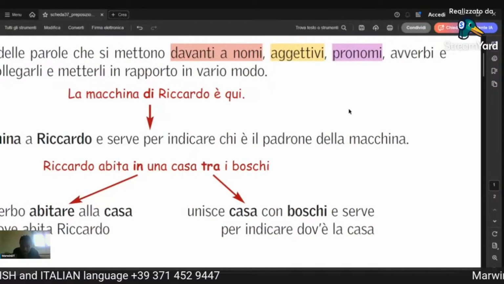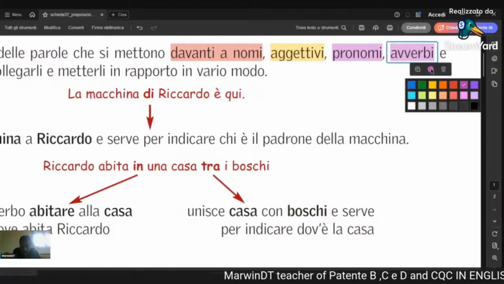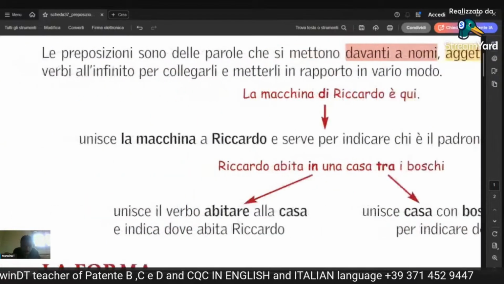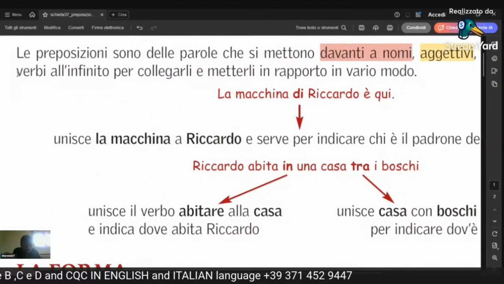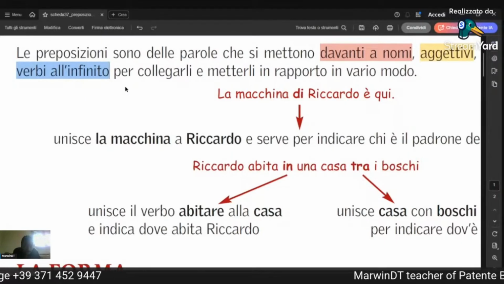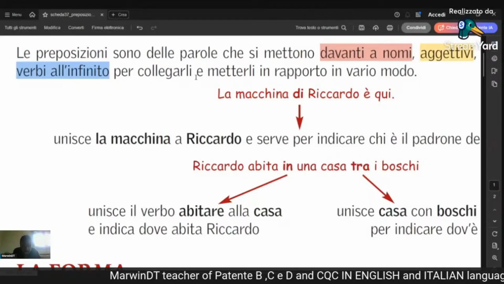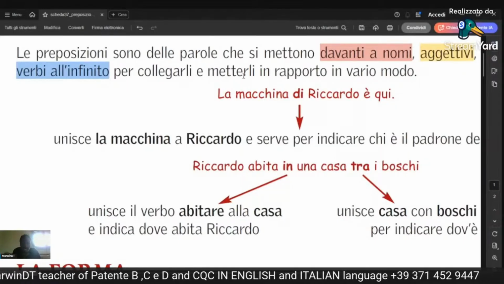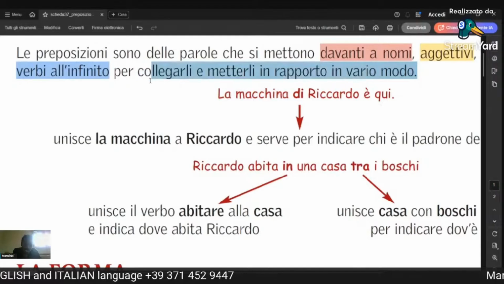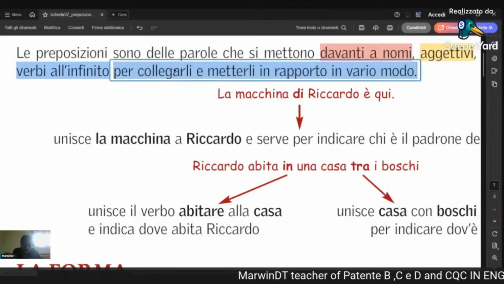Avverbi e verbi all'infinito, which are verbs in the infinitive form. Per collegarli e metterli in rapporto in vario modo. So to connect them together, to give, let me say, a match between them.